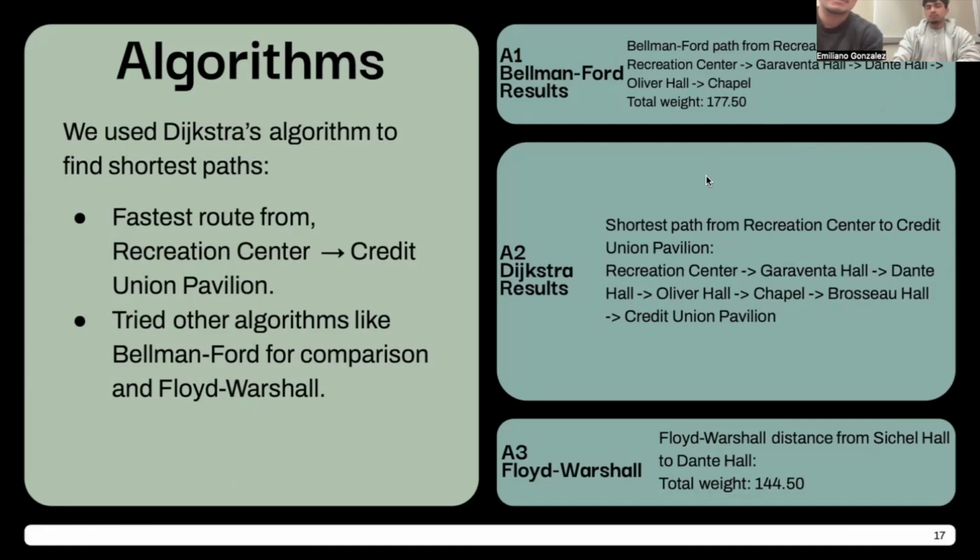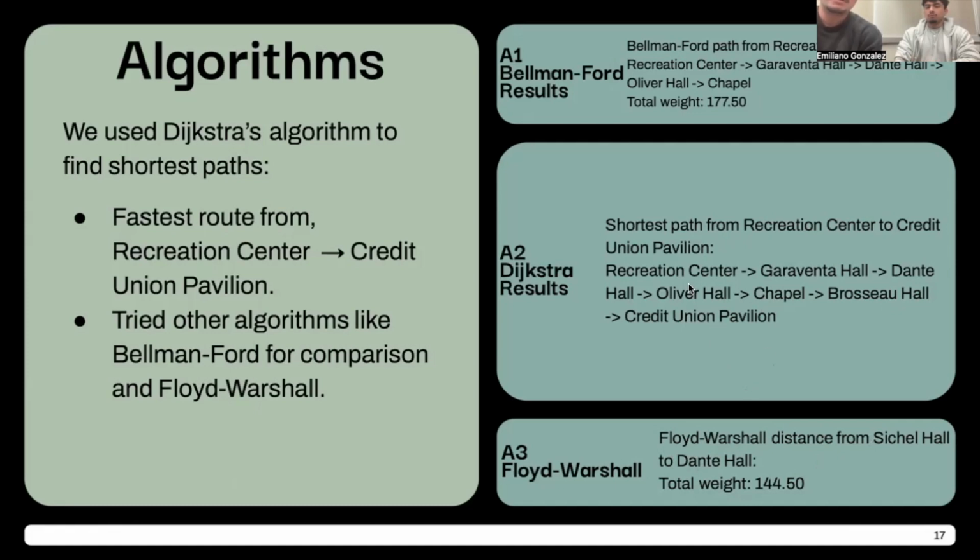And then the Dijkstra result is the Recreation Center to the Credit Union Pavilion. So you see Recreation Center, past Garaventa Hall, past Dante Hall, past Oliver Hall, past the chapel, past Brousseau Hall, and then you finally get to the Credit Union Pavilion. And then Floyd-Warshall was the distance from Citro Hall to Dante Hall. This algorithm actually didn't print out the path, but it printed out the total weight, which was 144.50.